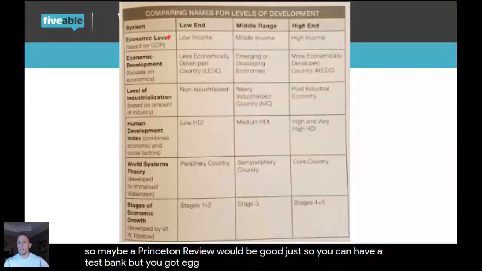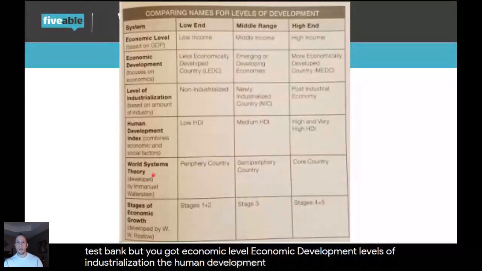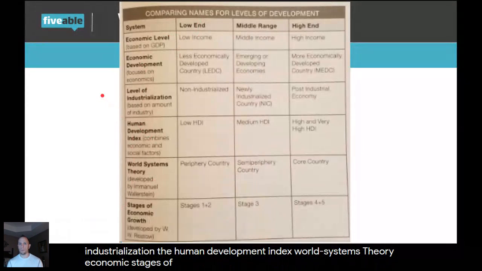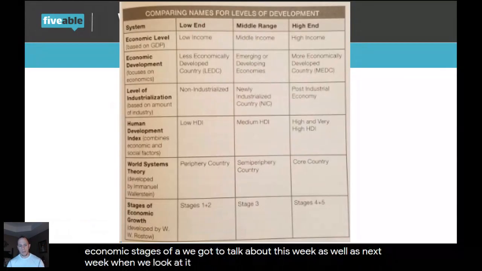But you got economic level, economic development, levels of industrialization, the Human Development Index, world systems theory, stages of economic growth. All right, these are all things we're going to talk about this week as well as next week when we look at economic interdependence.